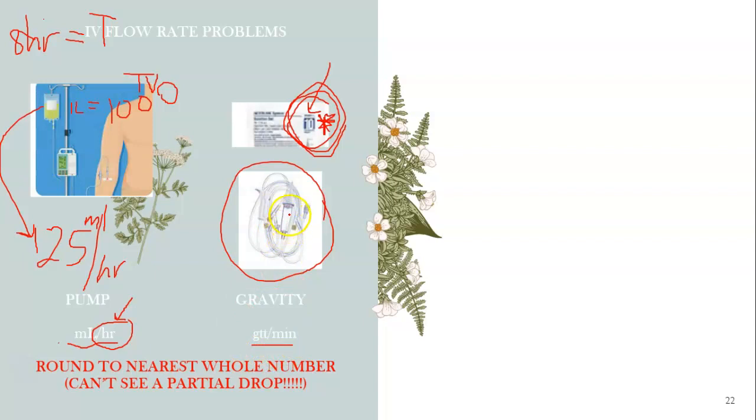So if the answer were 8, think about it. If it's 8 drops per minute, you literally take your stopwatch, your watch is behind this little chamber, and you are watching how many drops of fluid are coming out per minute.